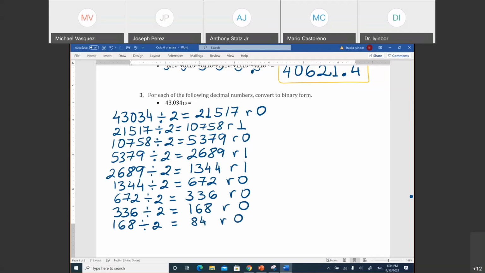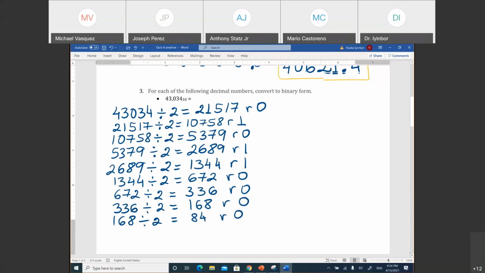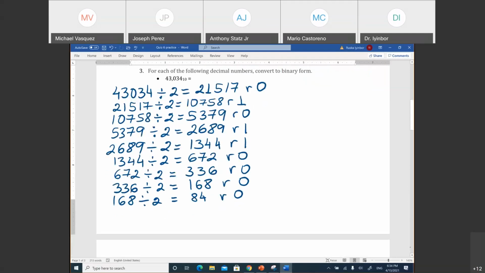Okay? Everybody following me? Then continue. 84 divided by 2 is 42. And then 42 divided by 2 is 21, remainder 0, right? And then I'm going to continue on this side.